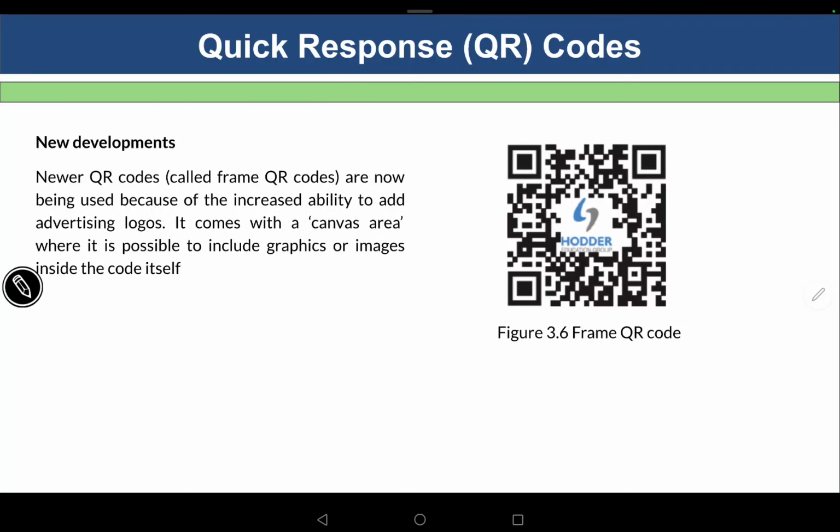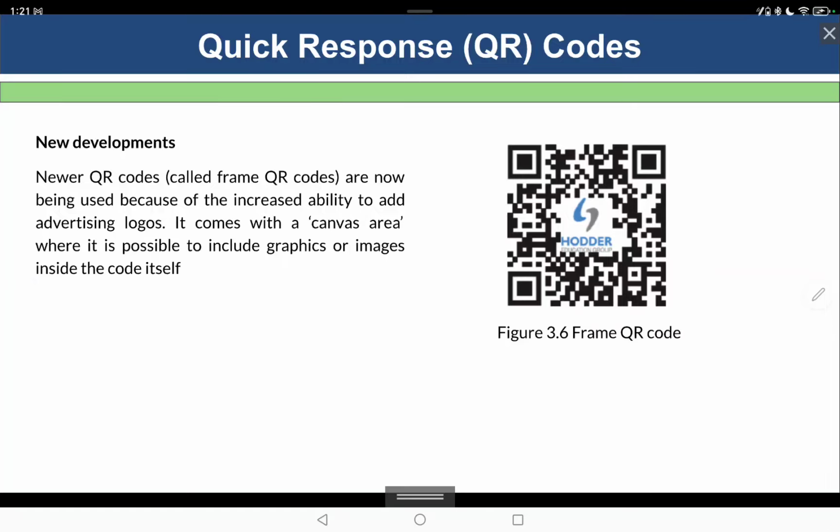Now let's look at the new QR code. The difference between this new QR code and the normal QR code is the image that is embedded in it. This new QR code is also called frame QR code.